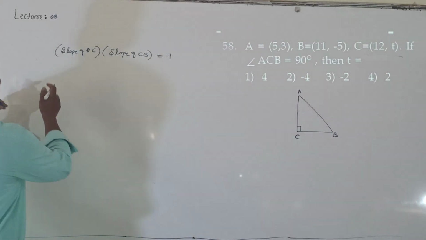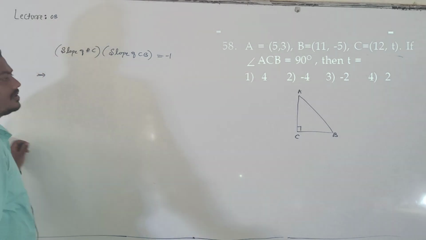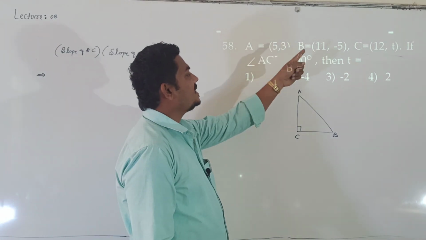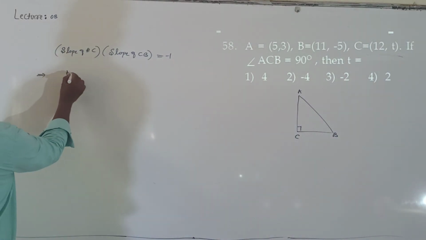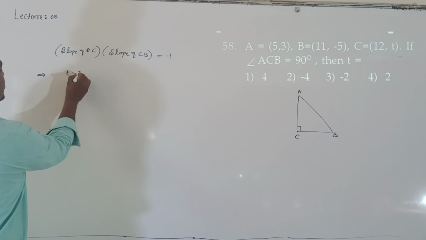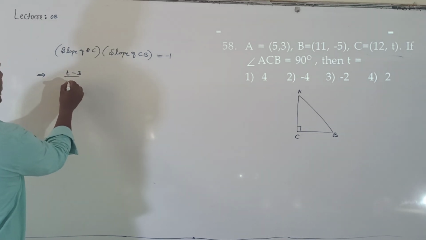Now tell me the slope of AC. While finding the slope of AC, in place of y2 we have t. t minus 3 divided by 12 minus 5.